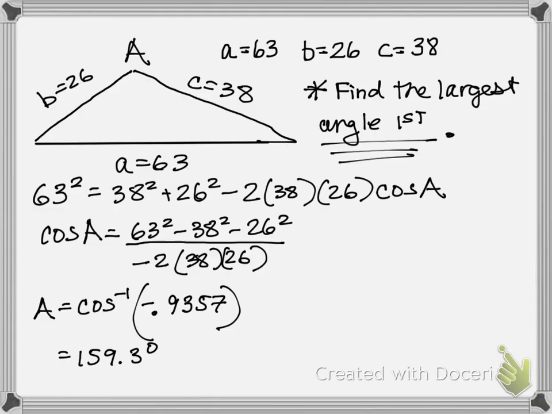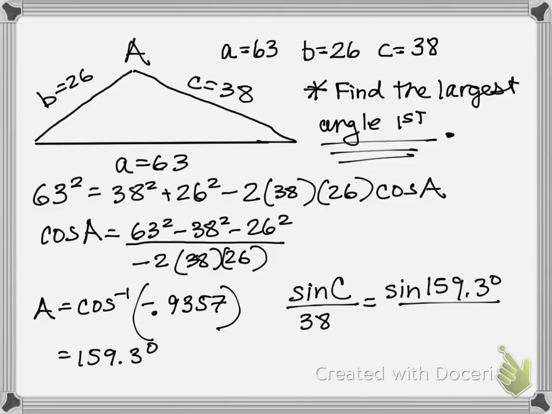Now from there, I can switch to law of sines. To find angle C, I'll say sine C over side C, which I know is 38, is equal to the sine of A, the 159.3 degree angle that I just found, over side A, which is 63.